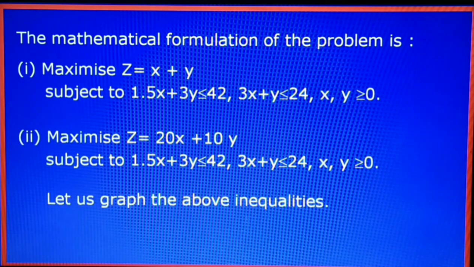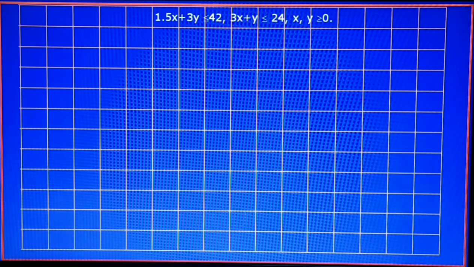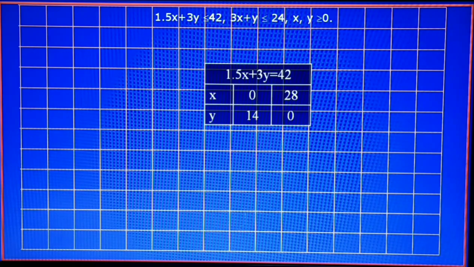Let us graph the above inequalities. Consider given inequalities 1.5x plus 3y is less than or equal to 42. 3x plus y is less than or equal to 24. x comma y greater than or equal to 0.